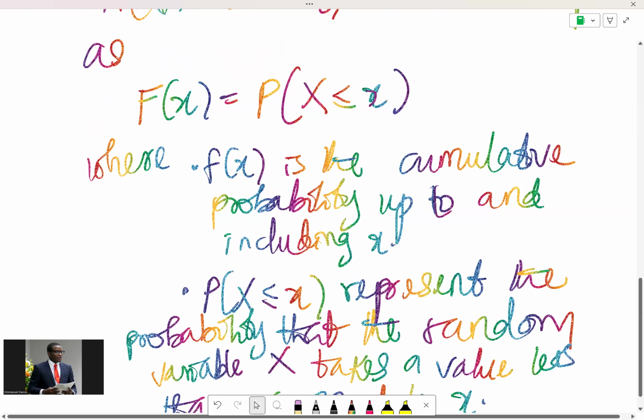So that's how we define the cumulative distribution function.